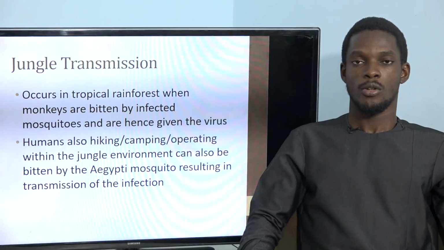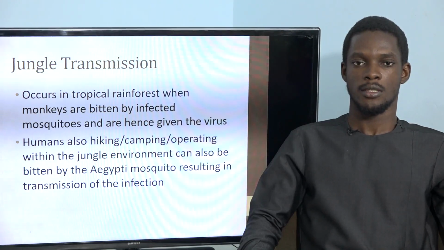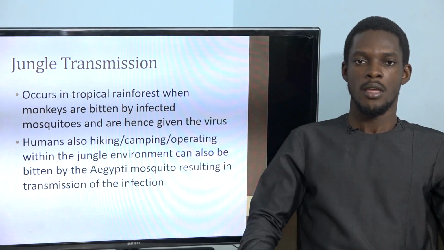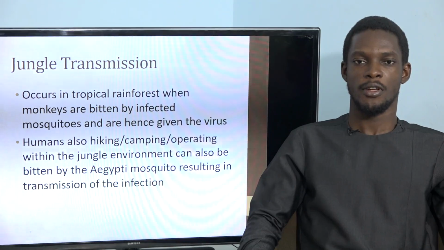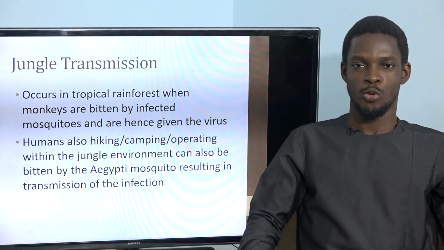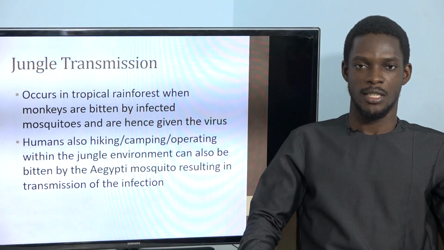The sylvatic or jungle transmission occurs in the tropical rainforest when monkeys are bitten by infected mosquitoes and hence are given the virus. Humans that are hiking, camping, or operating in these forest areas within the jungle can also be bitten by the Aedes mosquito, resulting in the transmission of the infection.